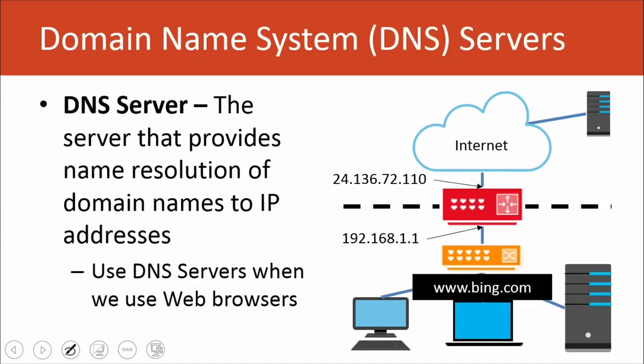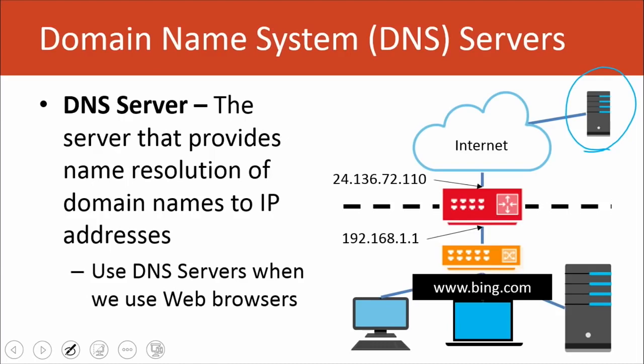Let's talk about the domain name system. Let's say we want to go to Bing. So I'm on the laptop and I want to go to www.bing.com. Well, that server that's located over here on the top right has all of the good Bing HTML files and all the other code that we need in order to create the Bing.com web page on our screen.